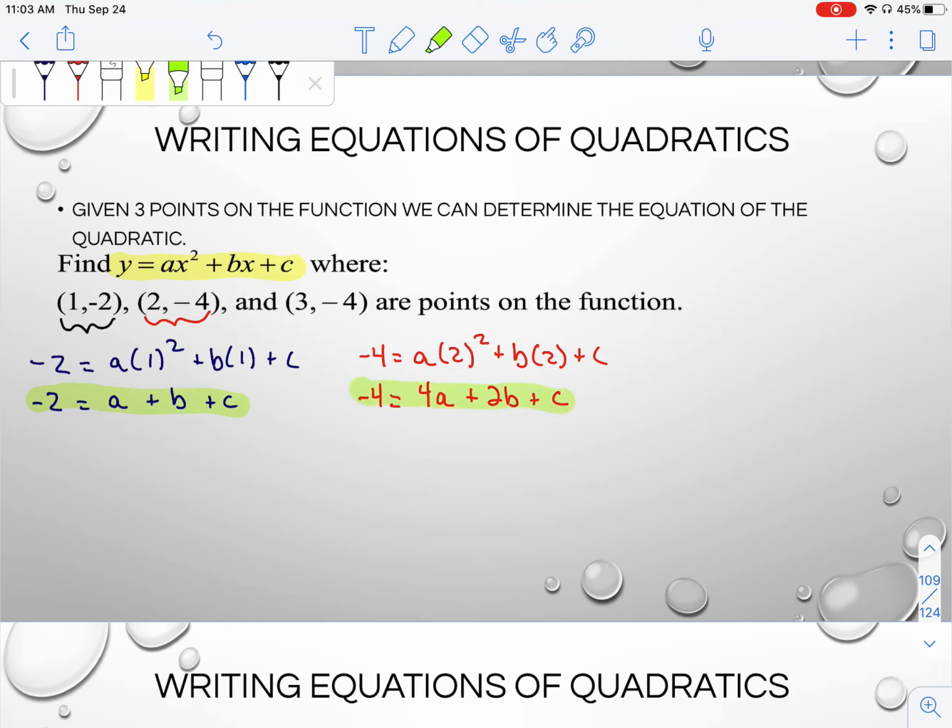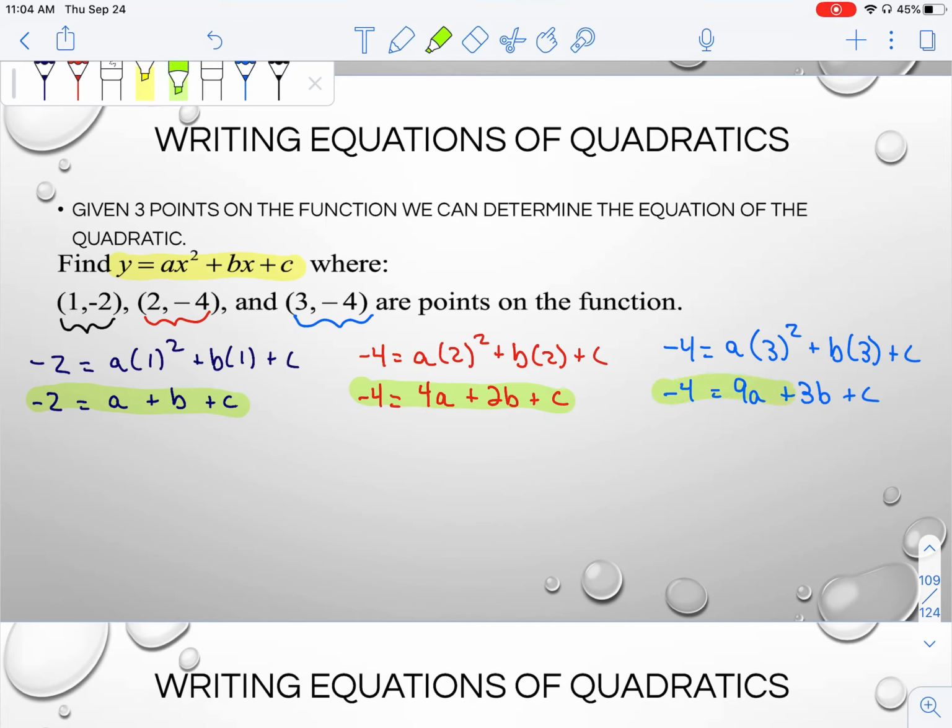Second equation. And the last one. y equals a times x squared plus b times x plus c, and we get negative 4 equals 9a plus 3b plus c.